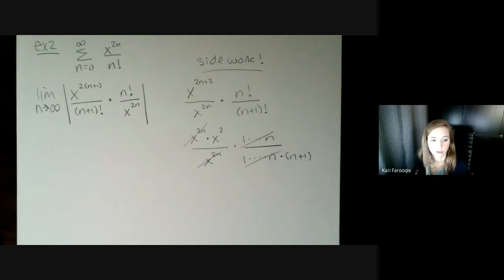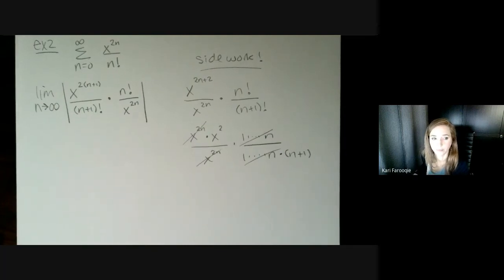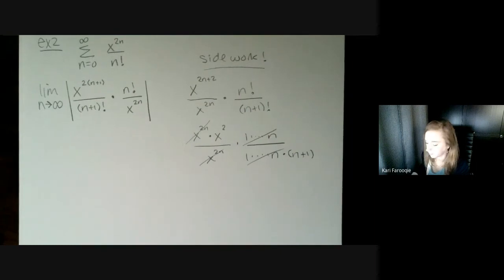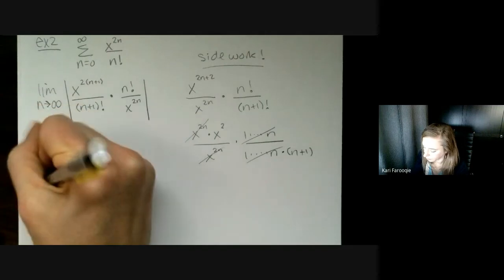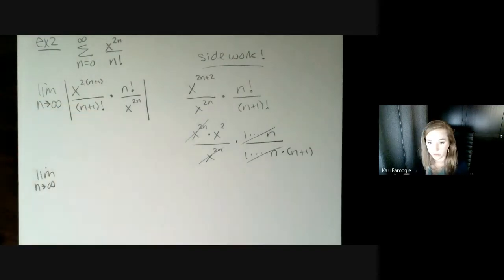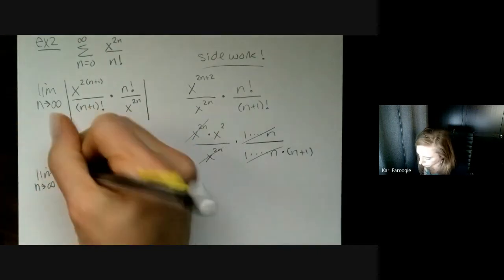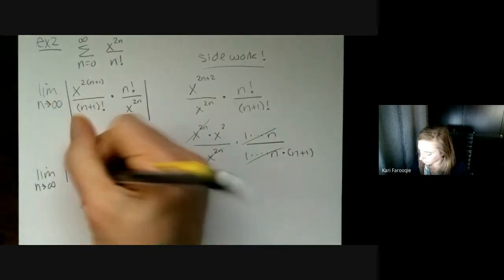And now you can cancel those. Once you've simplified, if you're doing this outside of the limit, you can put this back on. Now you have the absolute value of x squared.